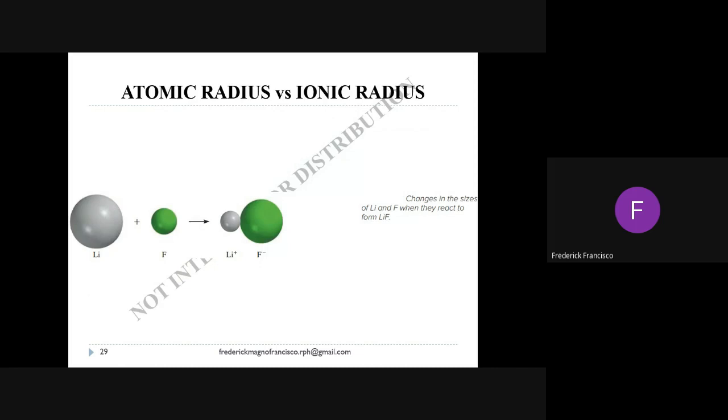On the other hand, removing one or more electrons from an atom reduces electron-electron repulsion, but the nuclear charge remains the same. So, the electron cloud shrinks, and the cation is smaller than the atom.